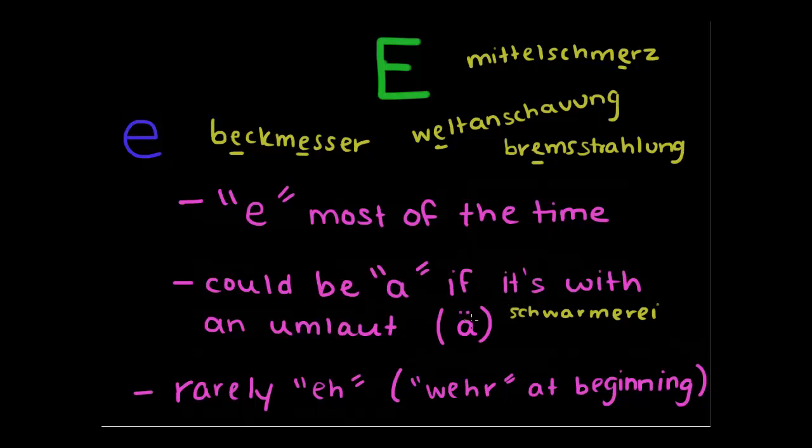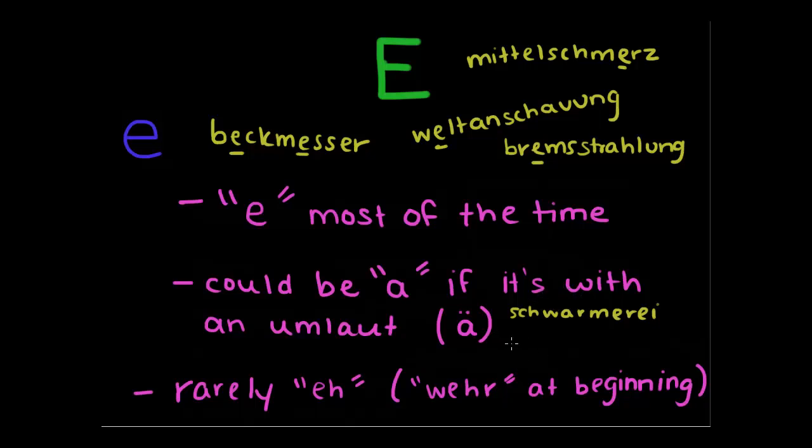So it's pronounced Schwärmerei with the short E sound, and it's going to be spelled with an A. I spelled it with an E, Schwermerei, but it's going to be an A because that A formerly had the umlaut. But the word doesn't have an umlaut anymore, so that's a little tricky spot.